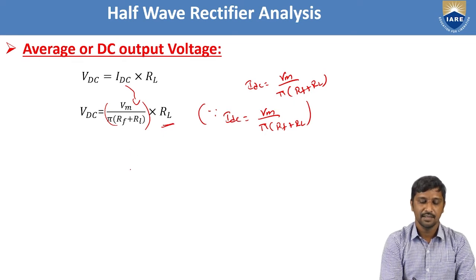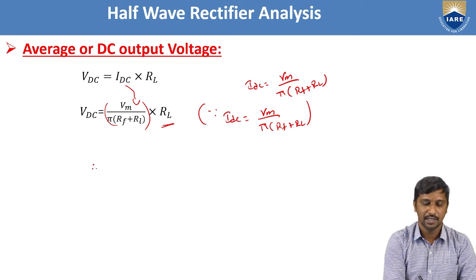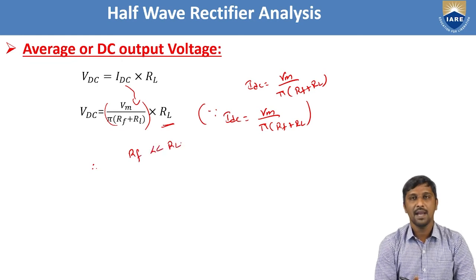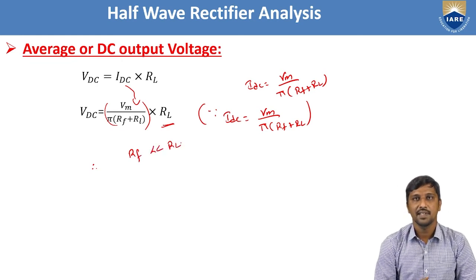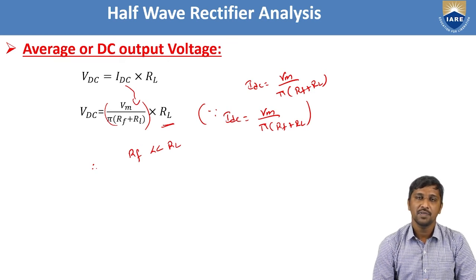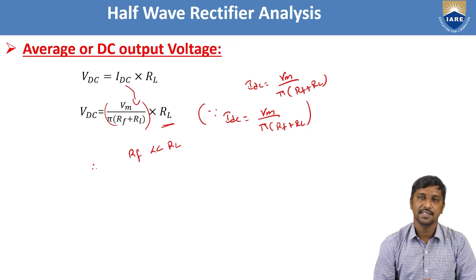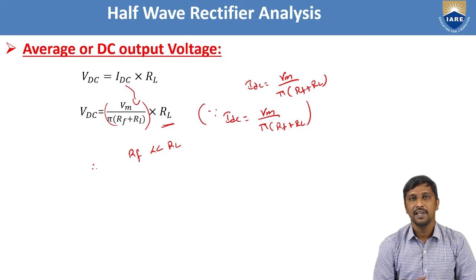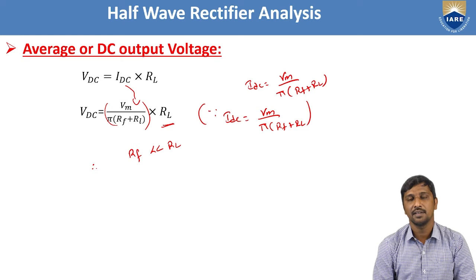For further simplification, I make one condition: RF is much less than RL. Why am I taking this? Based on the biasing characteristics of a PN junction diode, it offers a very small forward resistance. That is the reason the diode forward resistance is always much less than the given load resistance.